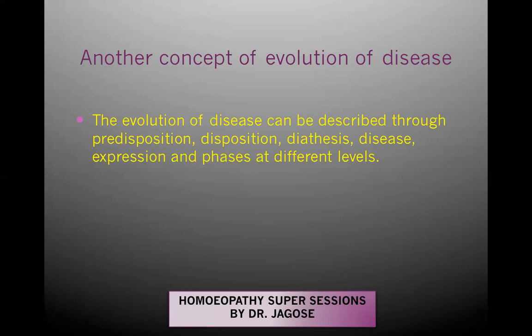Another concept which is quite interesting to note is that the evolution of the disease can be described through the predisposition, disposition, diathesis, disease expression, and phases at different levels. So, if you study the disease in this way, that is the predisposition, the disposition, the diathesis, the expression, or the phases at different levels, you will get a better understanding of how a disease evolves in homeopathy.